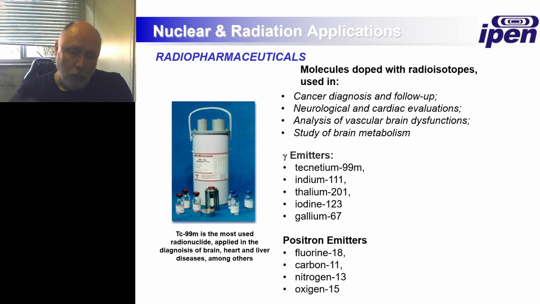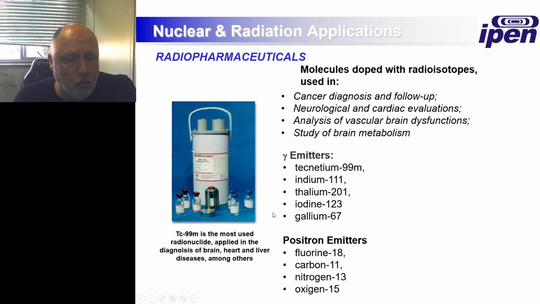And then, depending on the molecule you use, you may use radiopharmaceuticals for cancer diagnosis, right? Mostly we have heard of it. Neurological and cardiac evaluations, because yes, you can do things that will show especially how glucose is being consumed in your brain and in your heart and everything, right?